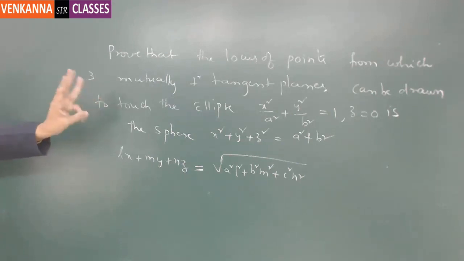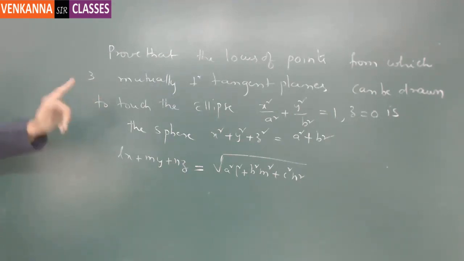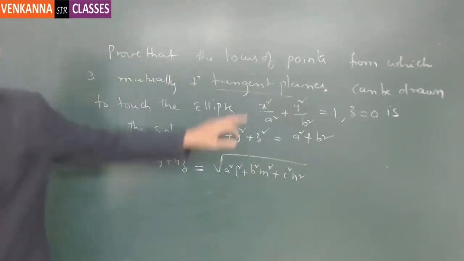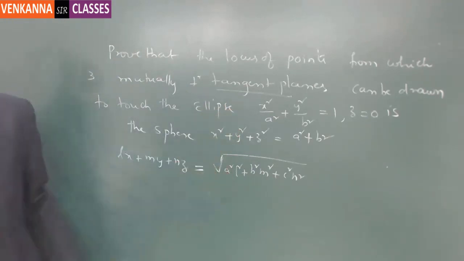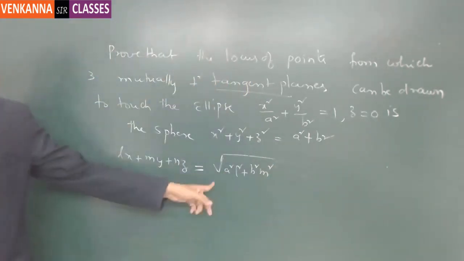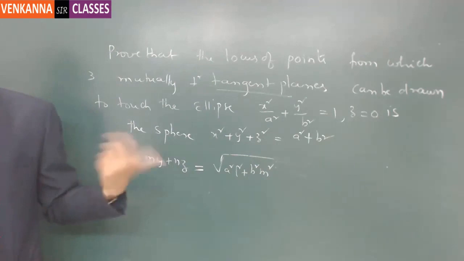Now, the ellipsoid is 3-dimensional, the ellipse is 2-dimensional. So if you want to write a tangent plane for the ellipse, we have to remove the third coordinate. So it is nothing but the condition a²L² + b²m². Why is the third one not there?